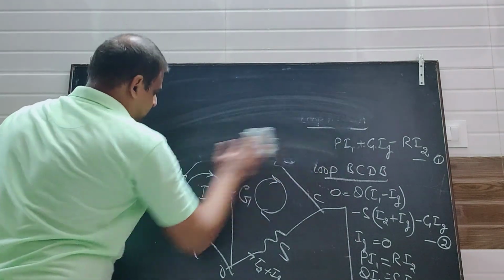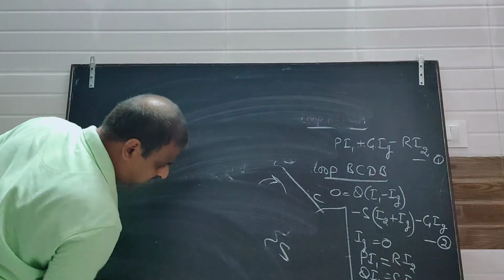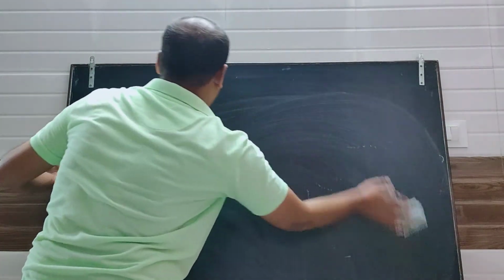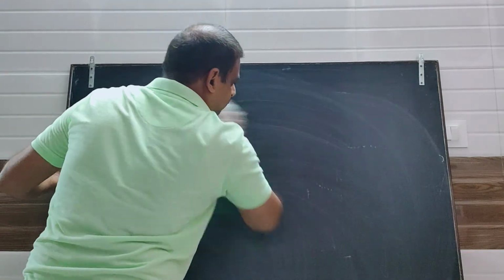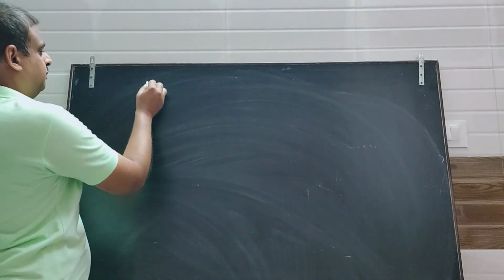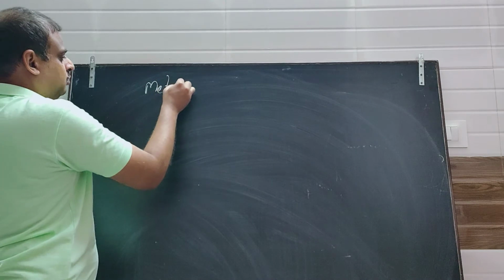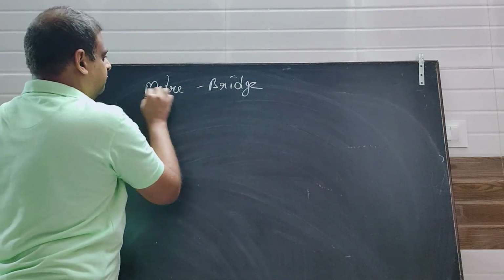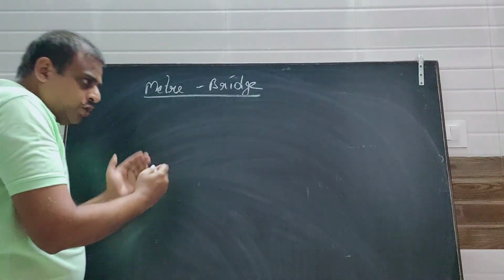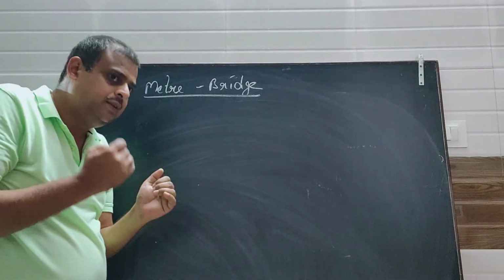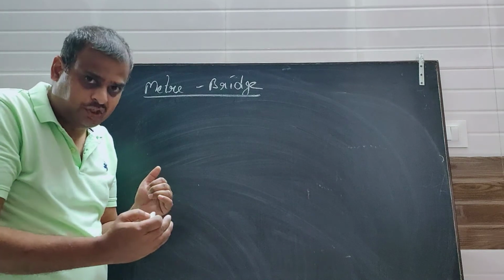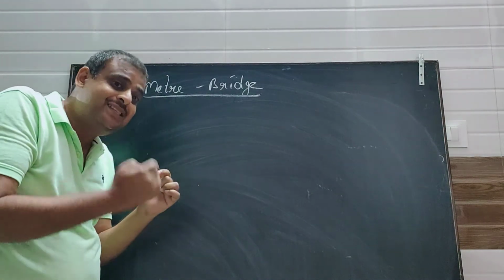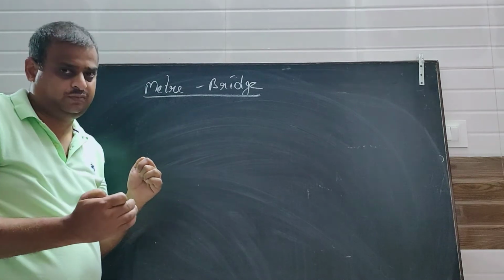Now, the next topic is the meter bridge or slide wire bridge. We also call it a slide wire bridge. You have 4 resistances in a Wheatstone bridge. That's the principle: the meter bridge works on the balancing of a Wheatstone bridge.